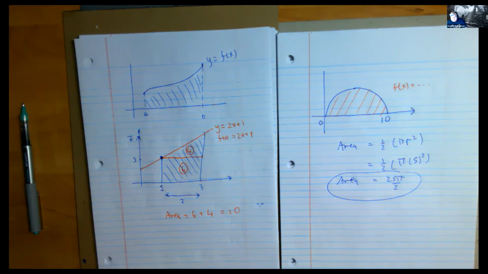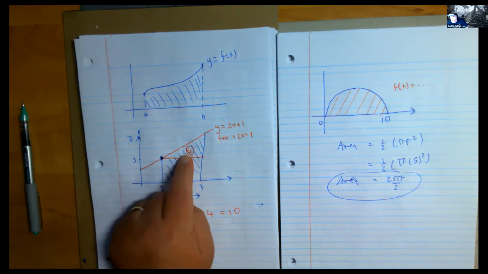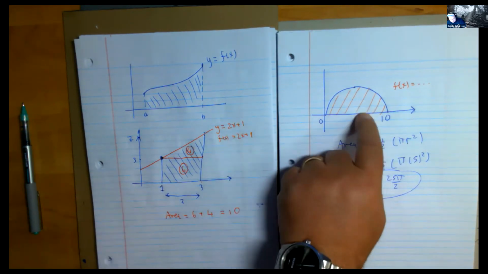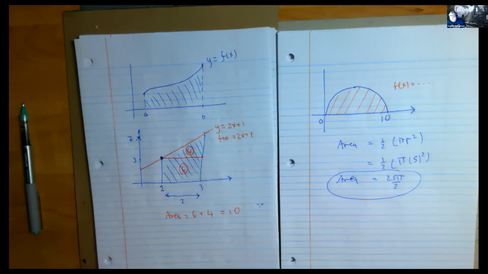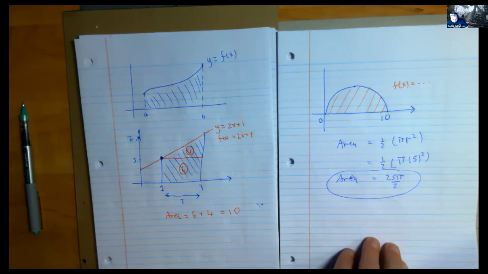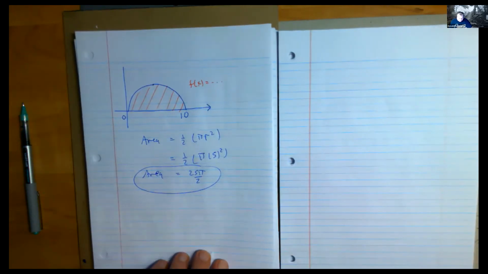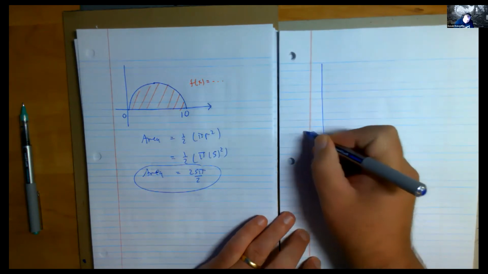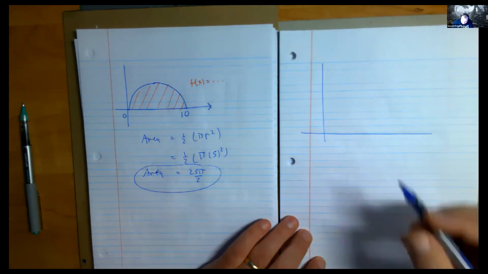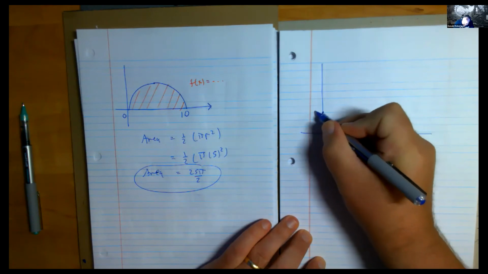So far, so good. So if it's a straight line, I can get the area under the curve. If it's a half circle or a quarter circle, I could get the area under the curve. What's left? Not much, actually. You might get a shape which doesn't even have a formula, but nobody cares. But it looks something like this.